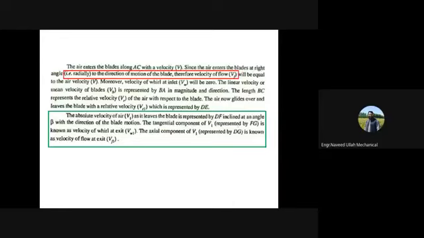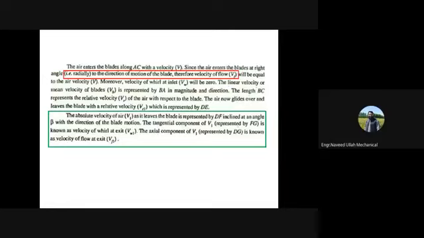The air enters the blades along AC with a velocity V. Since the air enters the blade at right angle, which we discussed, radially to the direction of motion of the blade, the velocity of flow will be equal to the air velocity. Moreover, velocity of whirl at inlet will be 0 because of that 90-degree angle, right?